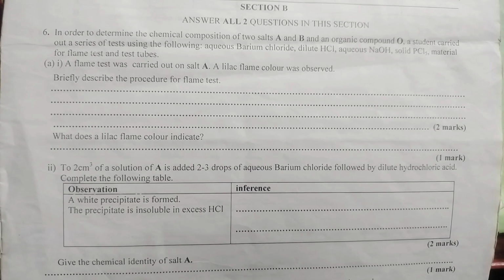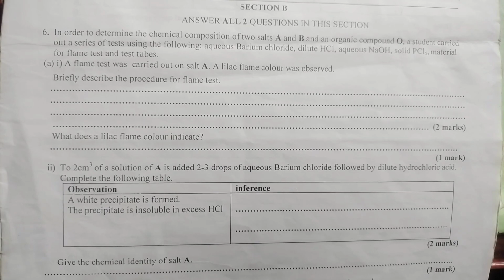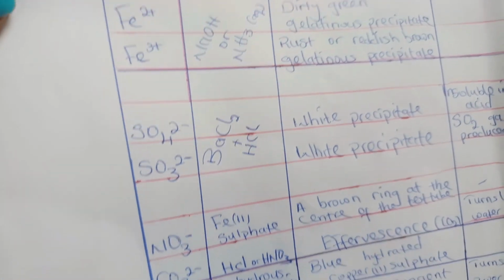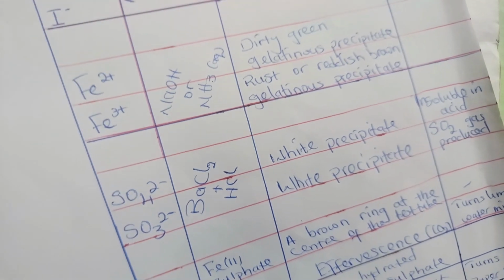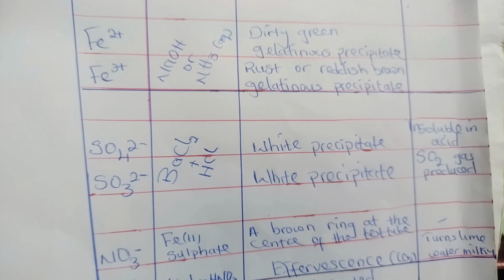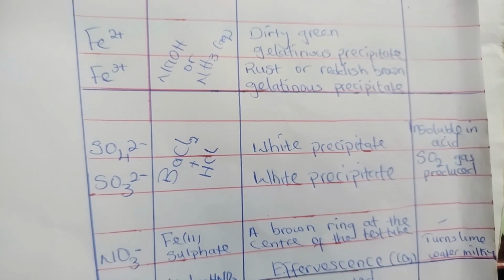To 2 cm³ of solution A is added 2 drops of aqueous barium chloride, followed by dilute hydrochloric acid. Complete the table below. A white precipitate is formed. The precipitate is insoluble in excess hydrochloric acid. What did we say about that? Let's look at it again. When you see barium chloride, what should come to our mind is the sulfate or the sulfite ion.